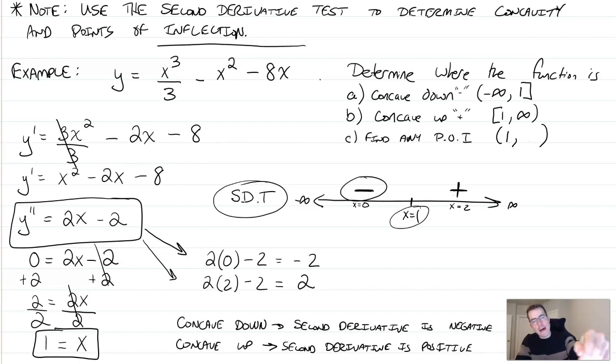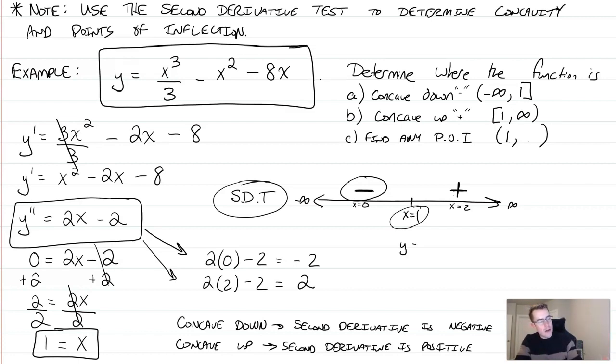To get the y value, I have to go back to the y equation. So I'm going to put 1 back into my y equation. So it'd be 1 cubed over 3 minus 1 squared minus 8 times 1.